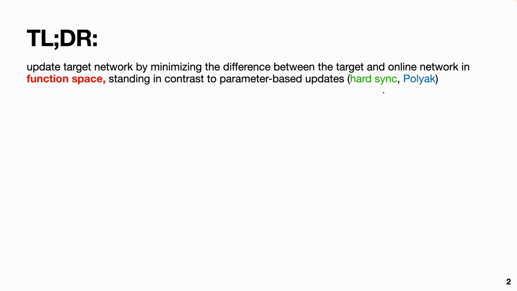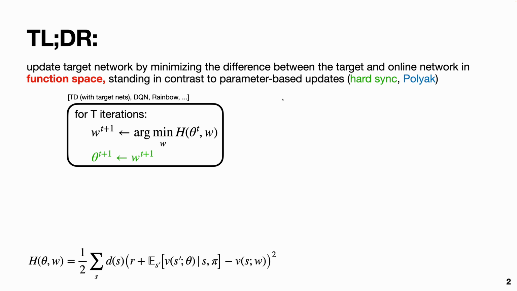Now, to parse that a little bit, let's take a look at this example. This pseudocode, you could think of it as pseudocode for either TD with target networks, or the DQN algorithm, or Rainbow, etc. At an abstract level, these algorithms can be thought of as iterative algorithms, where at each iteration we have an update to the online network.